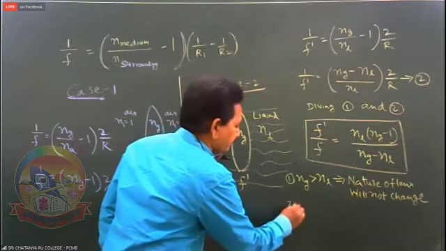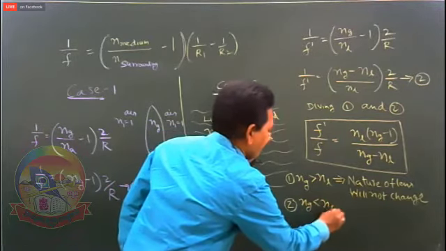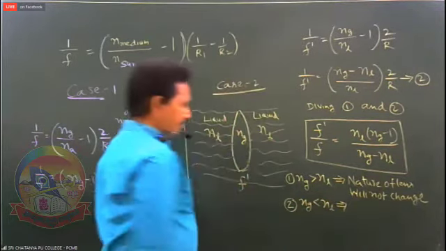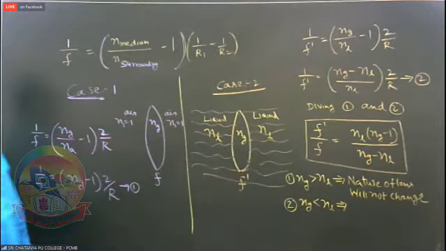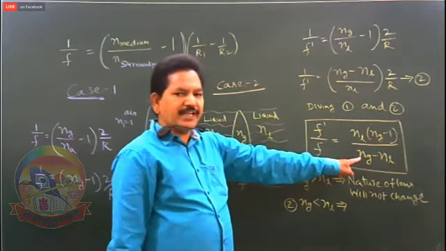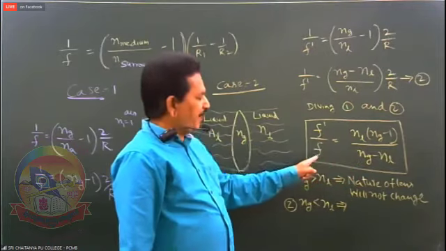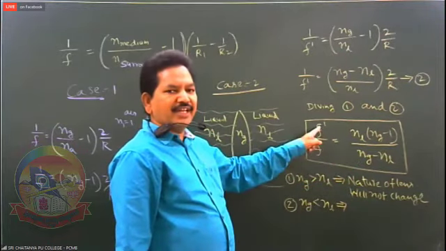Suppose Ng is less than NL. If Ng is less than NL, this becomes negative. If F is positive, F dash is negative.